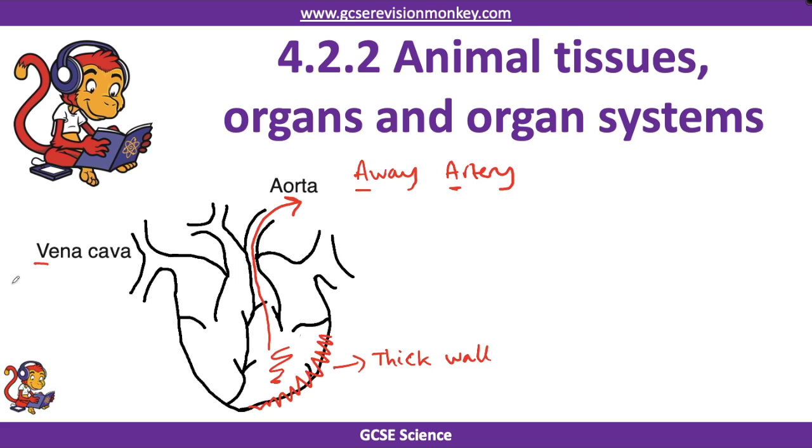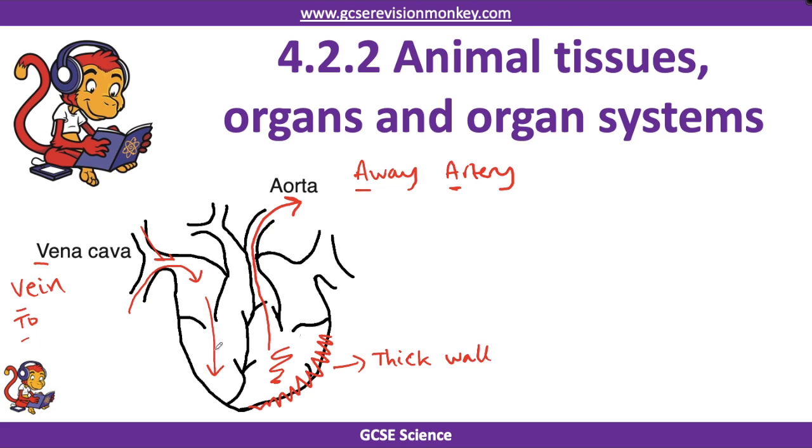So the Vena Cava is the main vein that brings blood back to the heart. So arteries bring blood away from the heart, veins bring blood back to the heart. So blood will come in to the Vena Cava like so, and into the right ventricle.